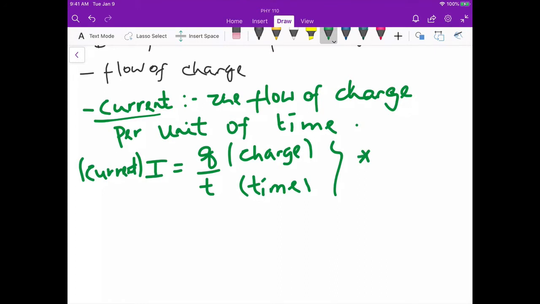Okay, and there are other things associated with it. What is driving this flow to happen is something we call voltage.